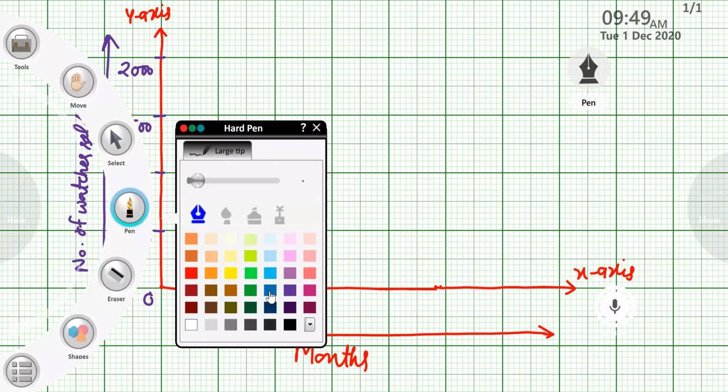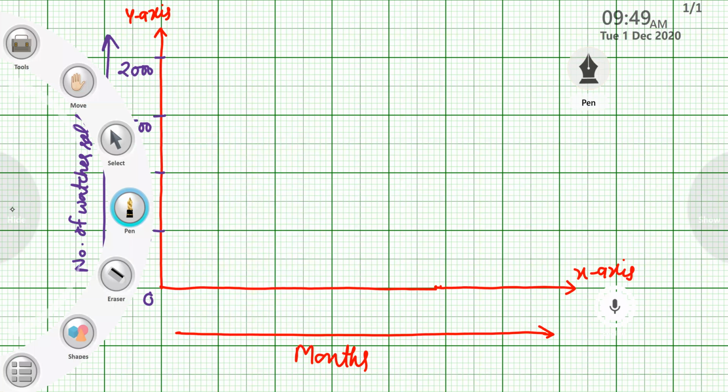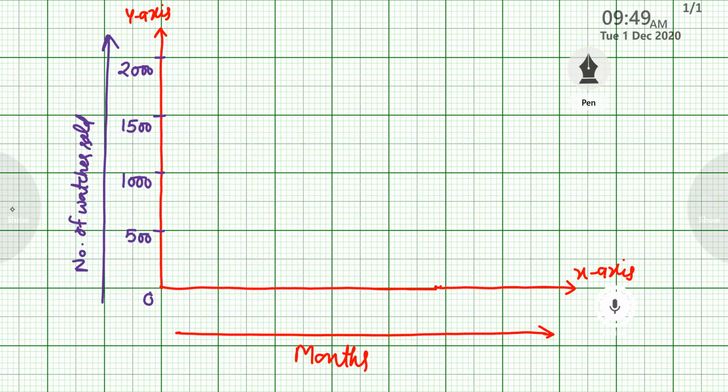In first month, shopkeeper is selling 500 watches. First month is July. We can take here, no problem.